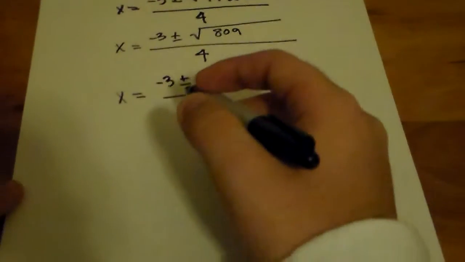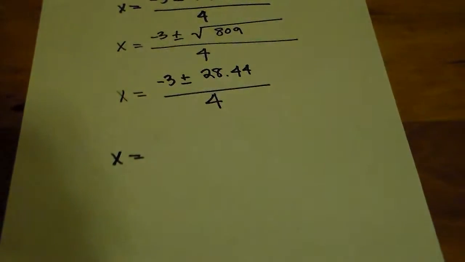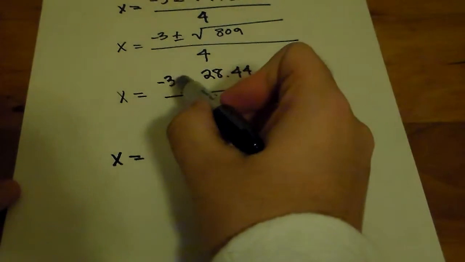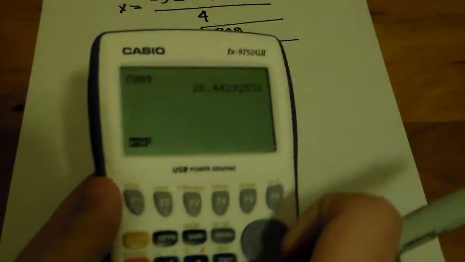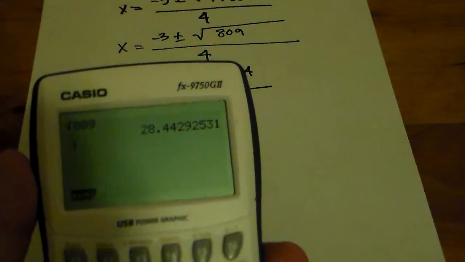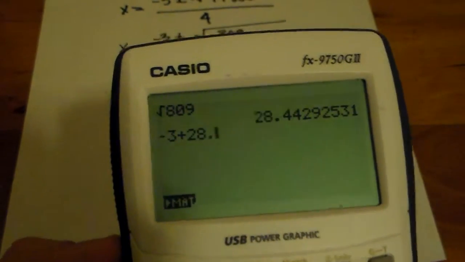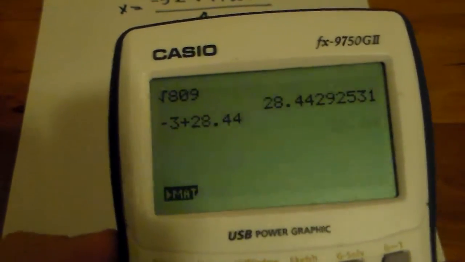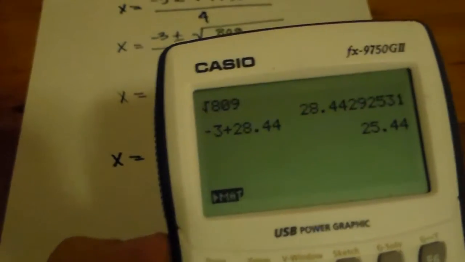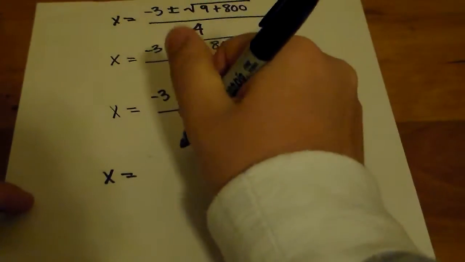So, what we can do is, let's first do the positive. Let's just do negative 3 plus 28.44 on our calculator. Or you can just do 28.44 minus 3. That brings us to 25.44 over 4.